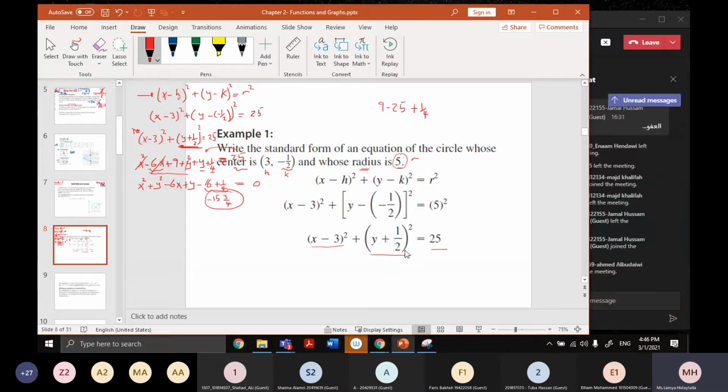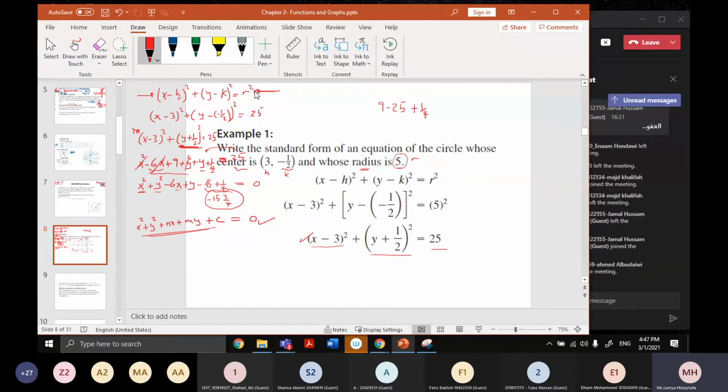And sometimes we can have it written like this: x square plus y square plus nx plus my plus a constant is equal to 0. So this kind of equation is also representing what? A circle, either in this form or in this form.